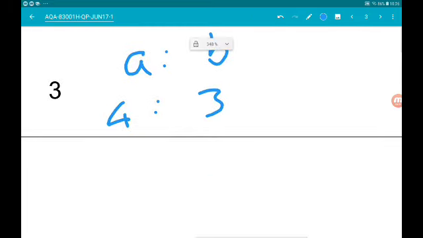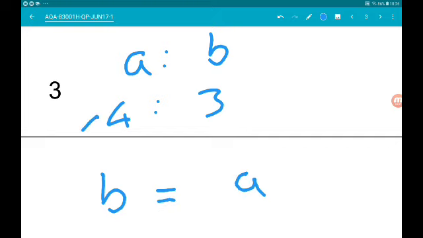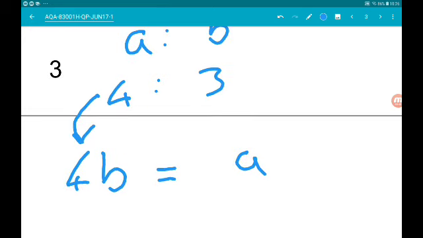So to do this, we write b under the a part and a under the b part. Now the a part of the ratio is the coefficient of b, and the b part of the ratio is the coefficient of a.